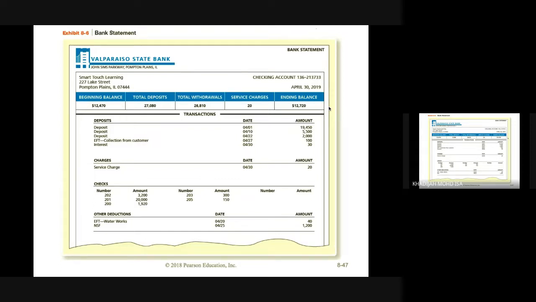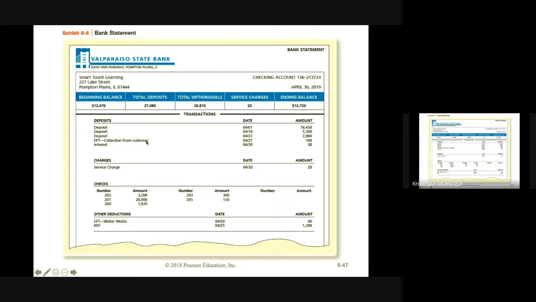You don't say deposit; they put a coding that tells you what the codes mean at the back of the bank statement. If you see here, you have the deposit, and then you have EFT, collection from customer. It means that the customer pays direct to the bank, rather than paying to you.